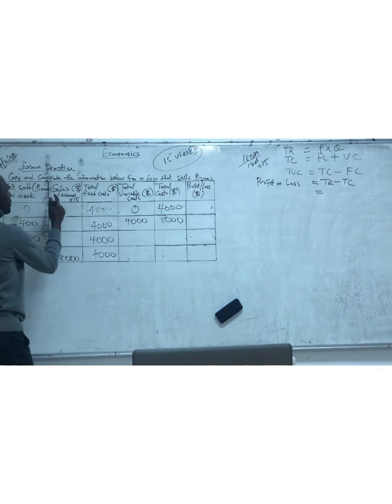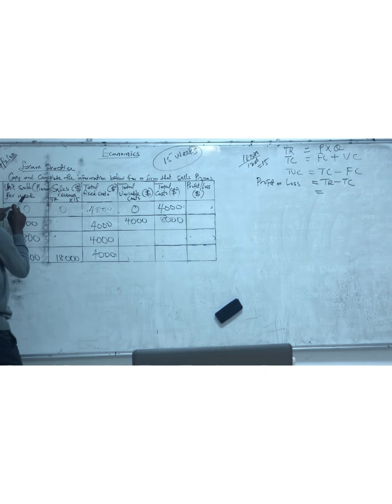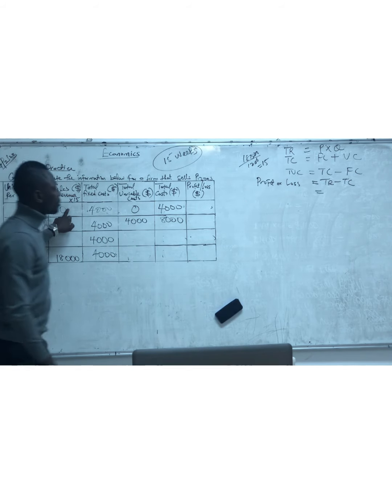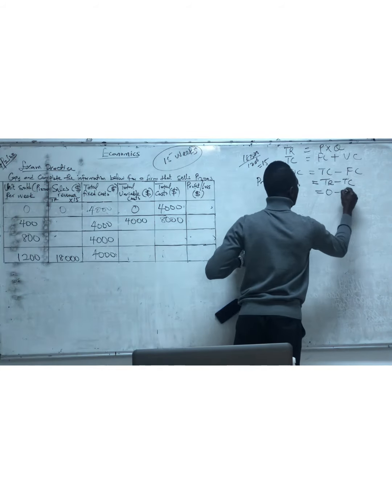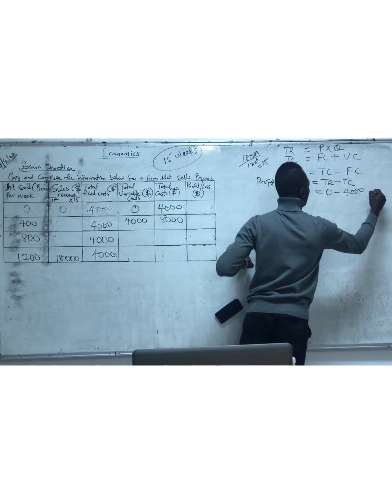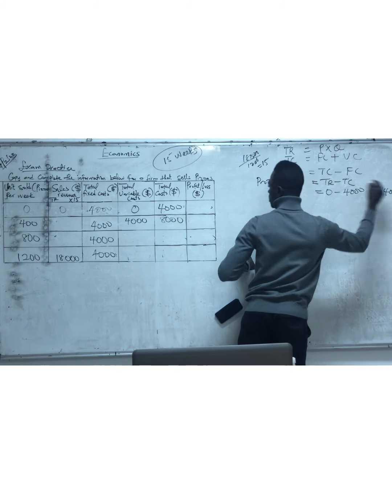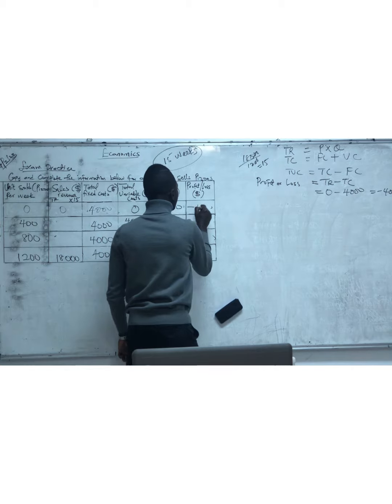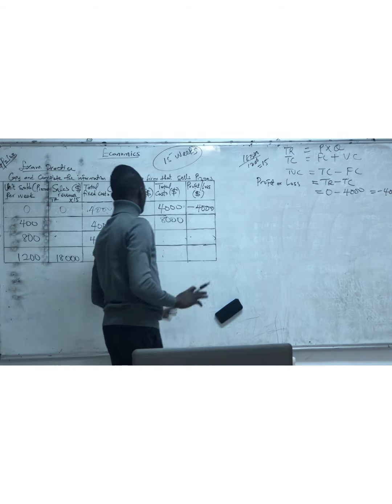Do you know this is our total revenue, which is the unit sold multiplied by 15? Do you get it? So our total revenue is what? 0. 0 minus 4,000. Then that's our minus 4,000. So here is minus 4,000. That is sorted.